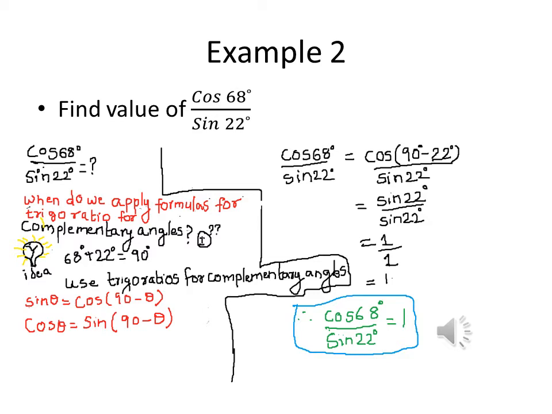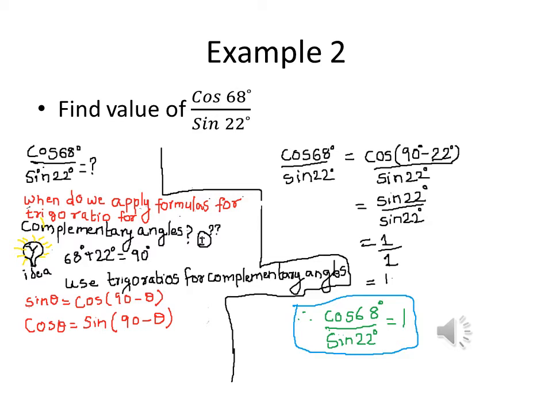Well, when the two angles which have been given are complementary angles of each other, means if they add up to 90 degree, we will apply trigo ratios for complementary angles. These formulas are sin theta equal to cos of 90 minus theta and cos theta equal to sin of 90 minus theta. Now let's have a look at the sum.